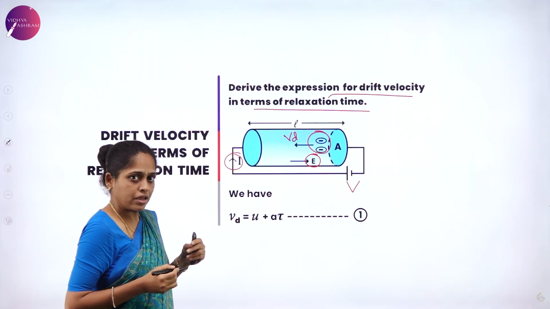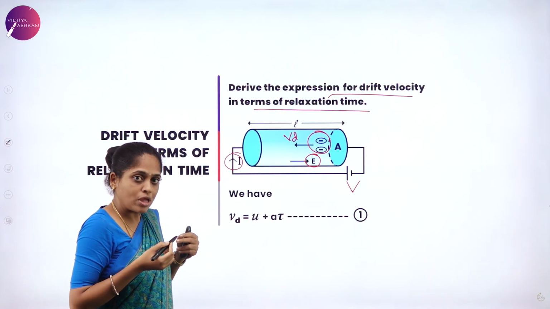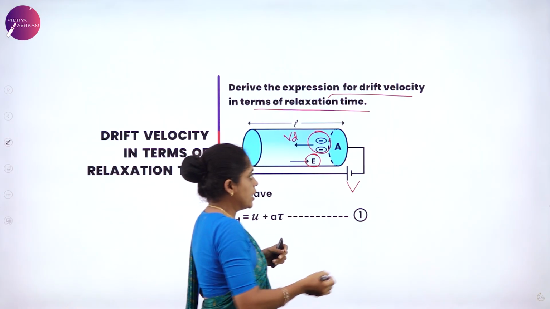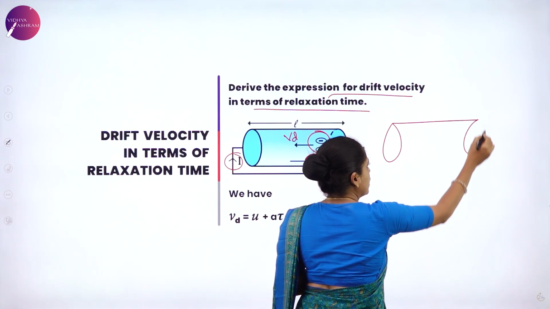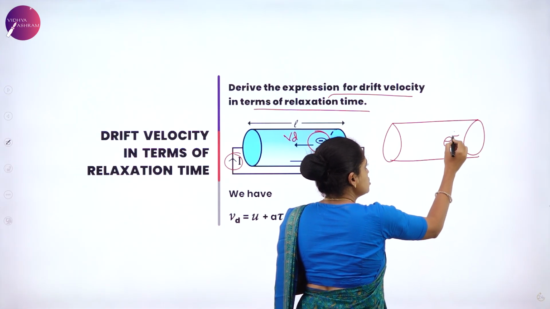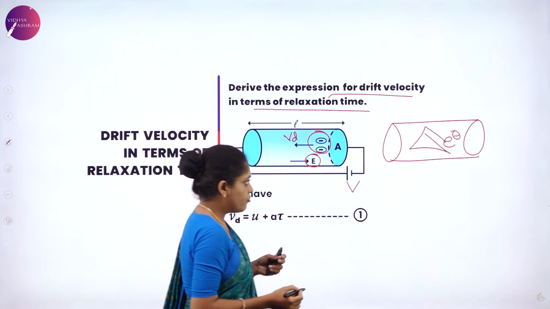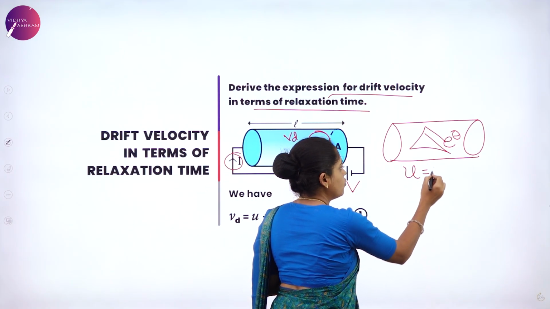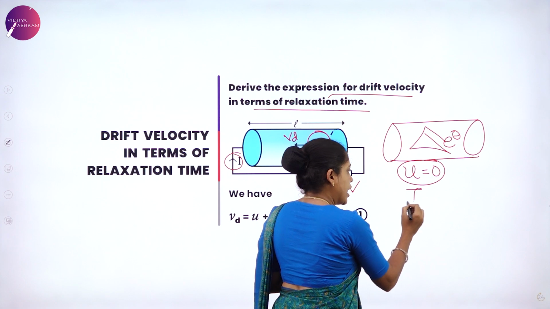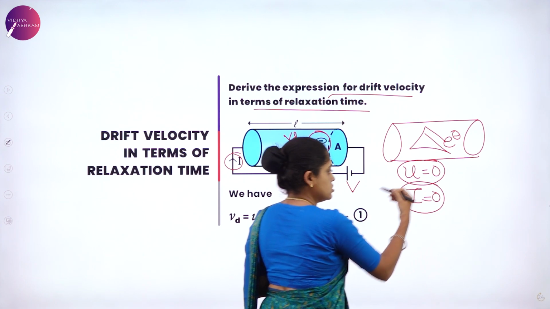Now you know that before connecting to the battery, in the conductor, electrons move in random directions. Therefore, initial velocity is equal to 0 and the current in the circuit is 0.